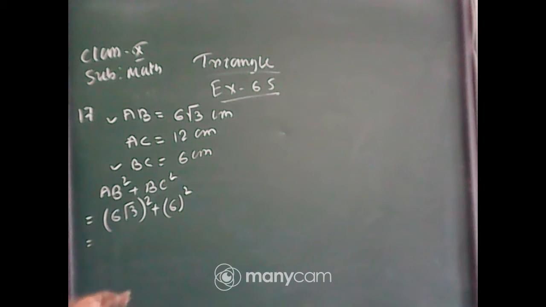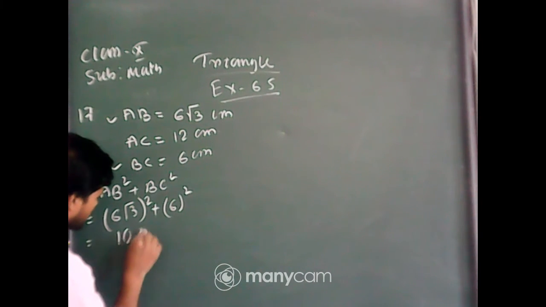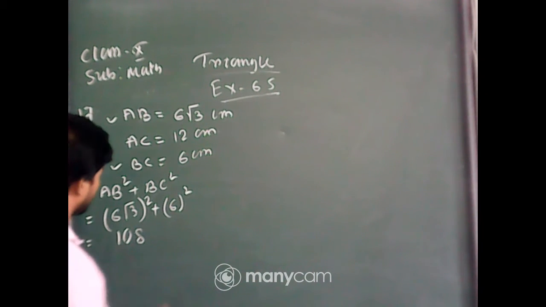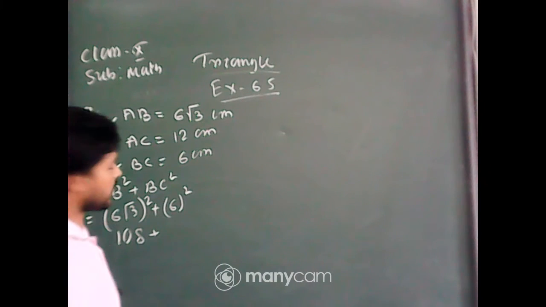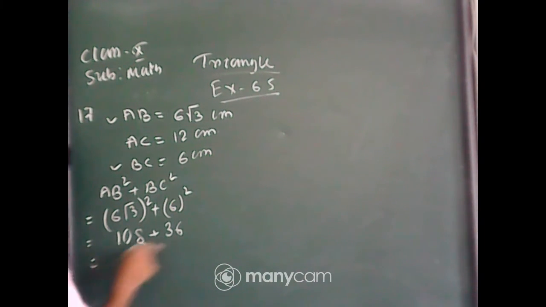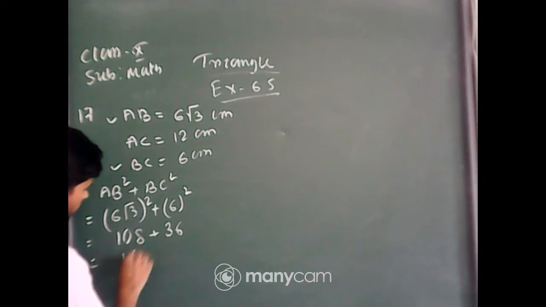Now what is the value of 6 root 3 whole square? Do the calculation and tell me the answer. No, 6 root 3, not 3. Yes. Subhajyoti, very good. This is 108. 36 into 3, that is 108. Plus 6 square, that is equal to 36. Now add them. So if we add them, we have 144.